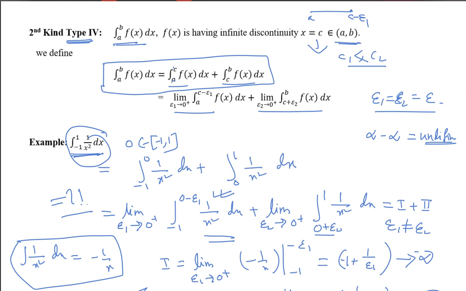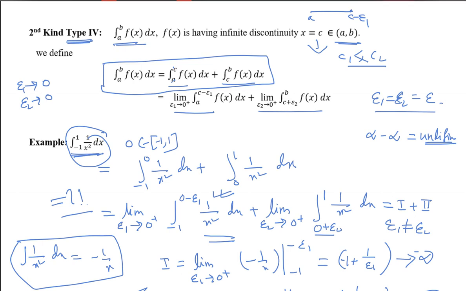Sir, what is the significance of the situation where the convergence value is undefined, but there is a defined Cauchy's principal value? Actually, Cauchy defines it like this: epsilon 1 tends to 0, epsilon 2 tends to 0, both are tending to 0.